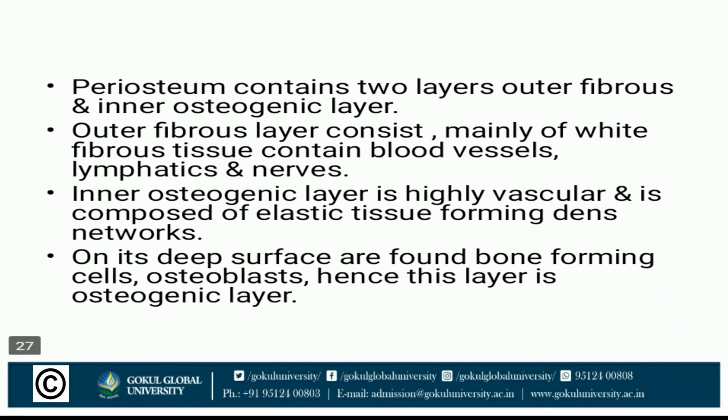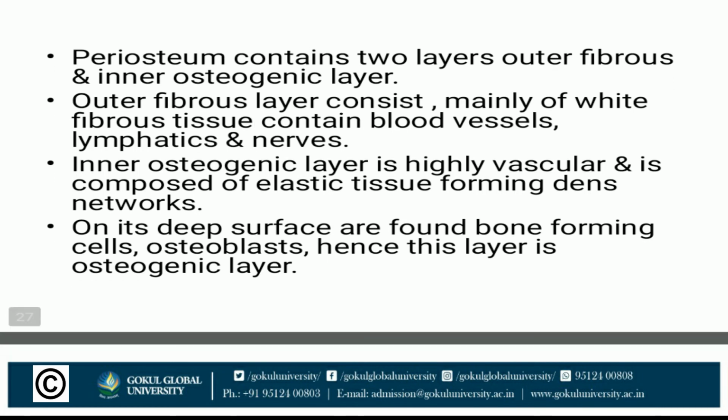Now periosteum contains two layers, outer fibrous and inner osteogenic. The outer fibrous layer consists mainly of white fibrous tissue, and contains blood vessels, lymphatics and nerves. The inner osteogenic layer is highly vascular and is composed of elastic tissue forming dense networks.